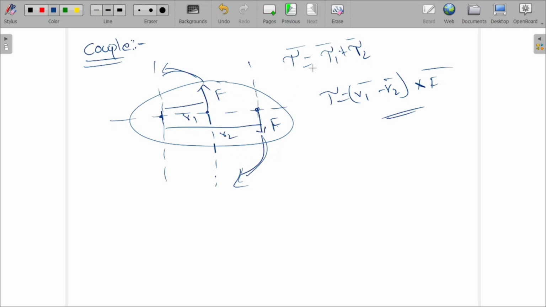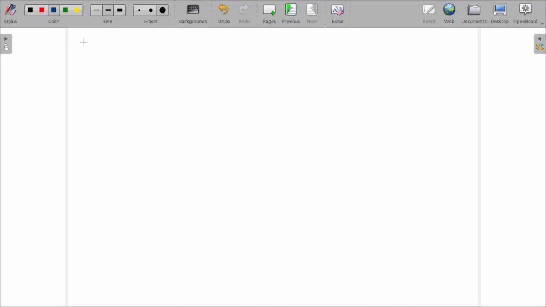Okay, right. Next, mechanical equilibrium. So what is meant by mechanical equilibrium? If a body has both translational equilibrium and rotational equilibrium, then we can say it is in mechanical equilibrium. In translational equilibrium, velocity is constant, which means force will be 0.